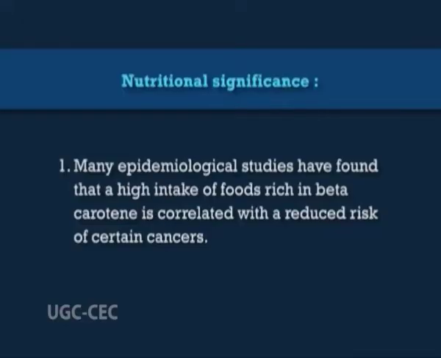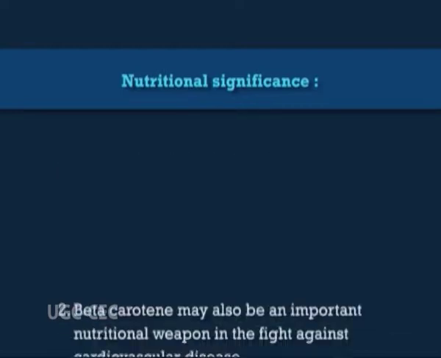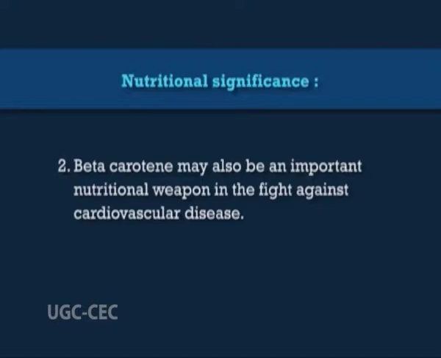Number 1, many epidemiological studies have found that a high intake of food rich in beta-carotene is correlated with a reduced risk of certain cancers. Number 2, beta-carotene may also be an important nutritional weapon in the fight against cardiovascular disease.